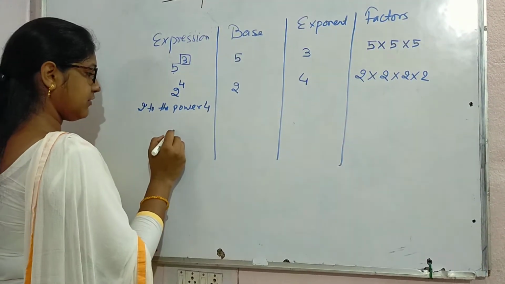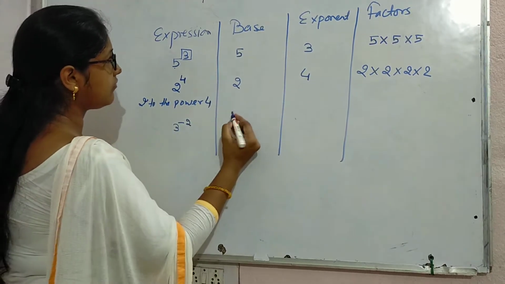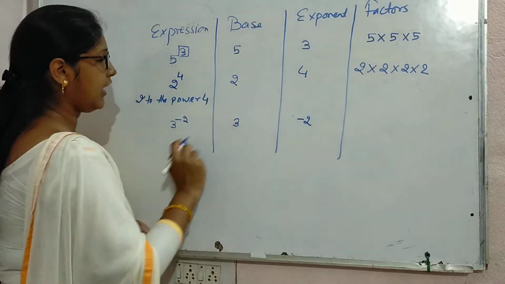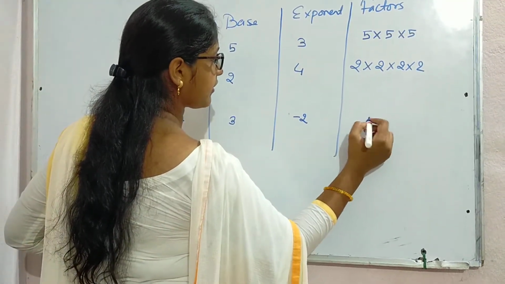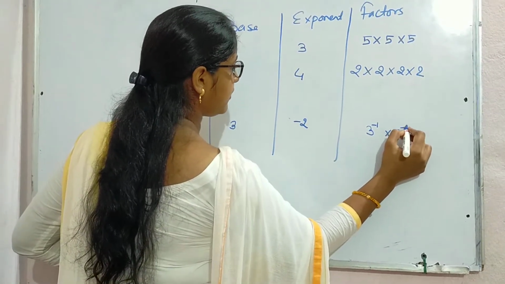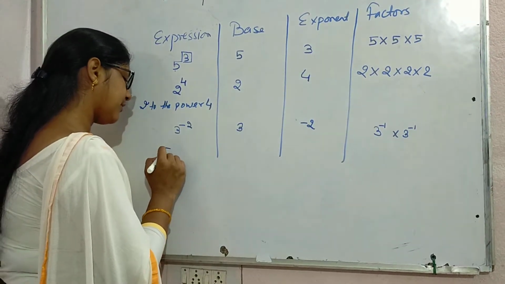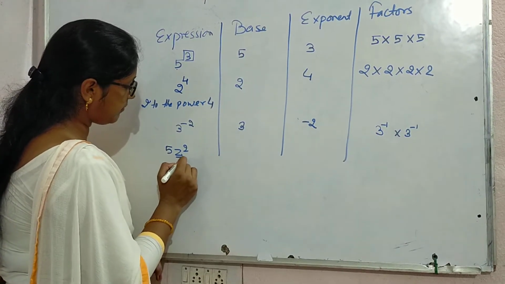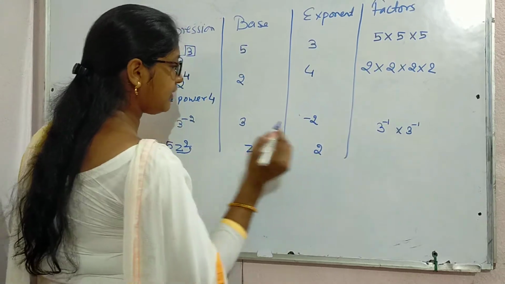Suppose we have an expression 3 to the power minus 2. Then here base is 3, exponent is minus 2 and factors is 3 to the power minus 1 into 3 to the power minus 1. Okay, suppose we have 5z square. Then here z is multiplied 2 times, so z is the base, 2 is the exponent.